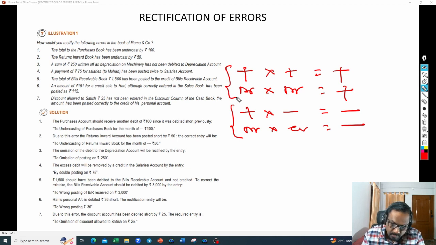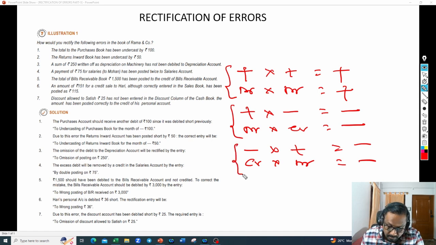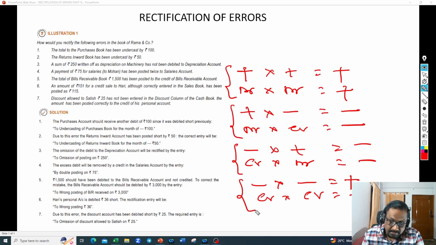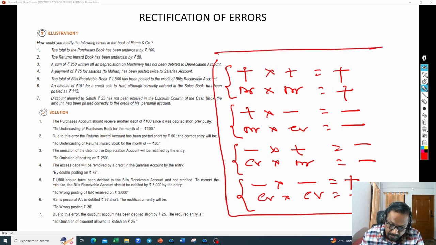And second one, one minus into plus equal to minus. One credit into one debit is equal to minus. The value will come down. Then one minus into minus equal to plus. One credit into one credit is equal to value will be added. This is very, very important. You need to remember this.